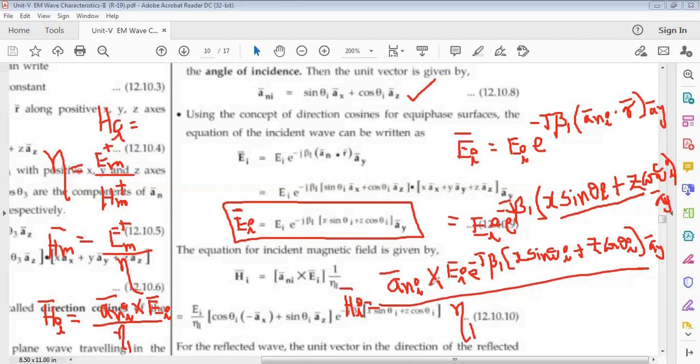The E_i is a constant value. The exponential value also you can keep here. And a_ni bar cross with the a_y bar. What is a_ni bar? It is sine theta i a_x bar plus cos theta i a_z bar. Here the a_y bar is a cross product of a_y bar.